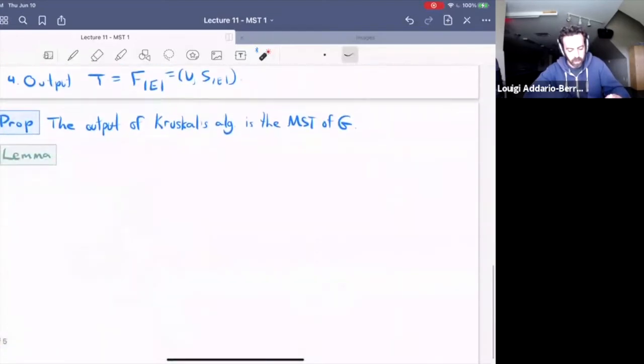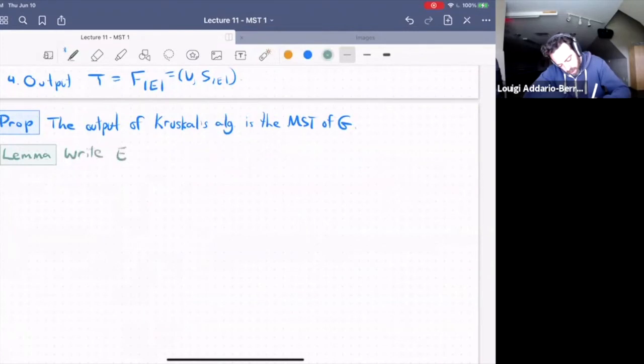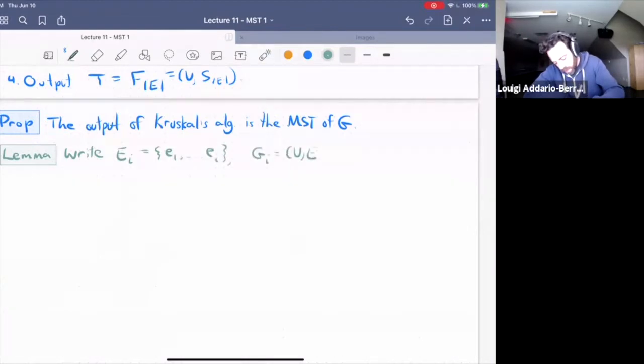Okay, so let me write E_i for the set of edges which is just the i smallest weight edges, and G_i for the graph with that edge set, so the spanning subgraph of G with that edge set.